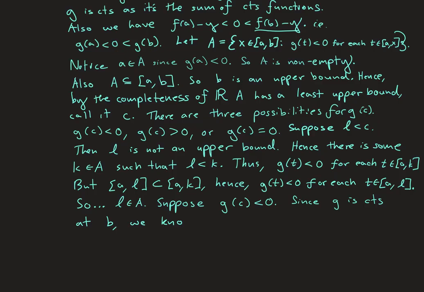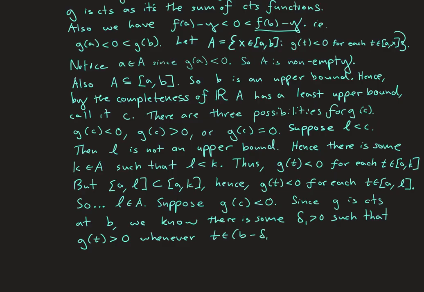We know by that other theorem that g is positive around B. There is some delta 1 bigger than 0 such that g of t is positive whenever we grab the t from that delta bubble, b minus delta 1 to b.